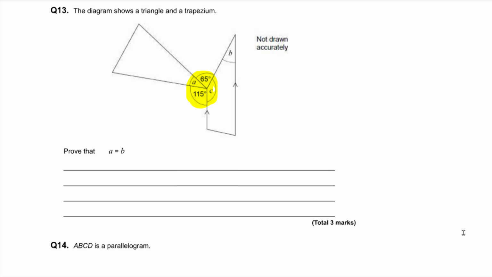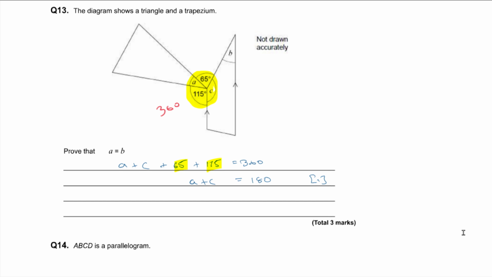Then I can say that A plus C plus 65 plus 115 is equal to 360. So adding 65 and 115, that adds up to 180, doesn't it? So that means that A plus C is equal to 180. Okay, so that's one equation that I know.